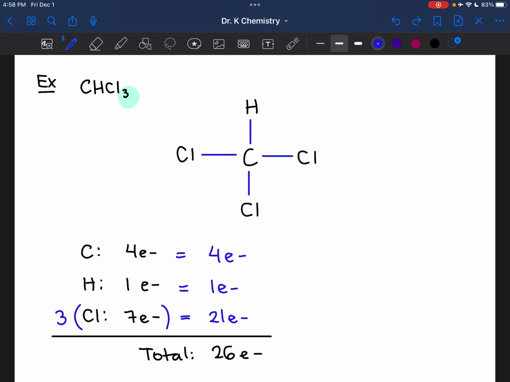So I'm going to use the remainder of these electrons and distribute them around the chlorines. We've used 8 valence electrons so far. This would be 10, 12, 14, 16, 18, 20, 22, 24, and 26. And now we've used up all of the valence electrons. We've already established that hydrogen and carbon are happy. I'm going to take a look at chlorine right now. It has 2, 4, 6, 8 electrons around it. So it looks like all of the chlorines are happy with that situation as well.